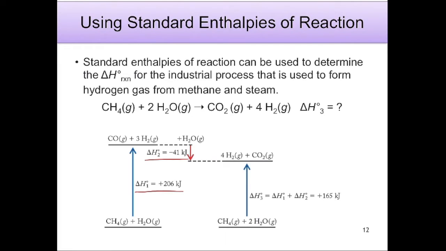The negative tells us that it's an exothermic reaction. And if we add those together, delta H3 at standard state conditions is going to equal delta H1 plus delta H2. And the result we get out of this is plus 165 kilojoules. So overall, this reaction here is an endothermic reaction because we have a positive delta H of reaction.